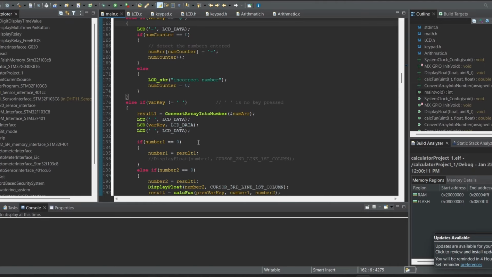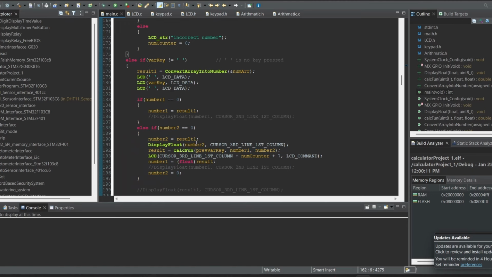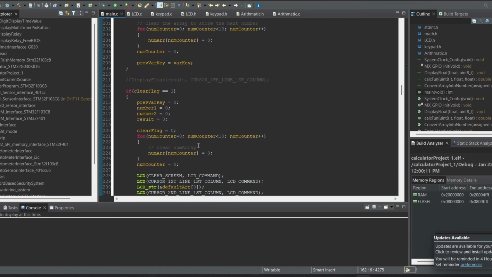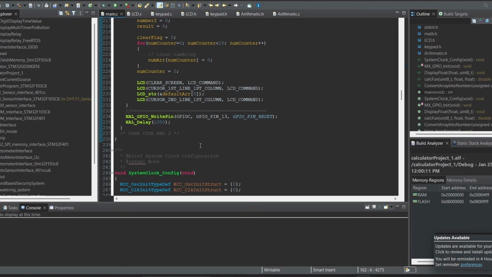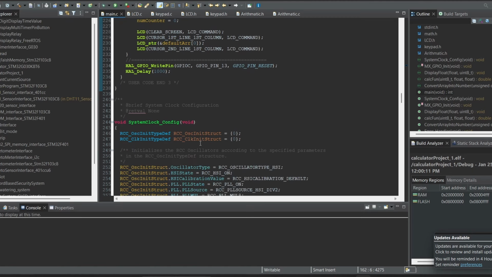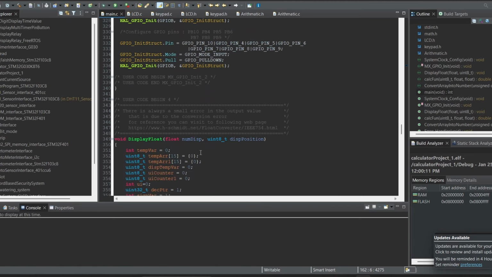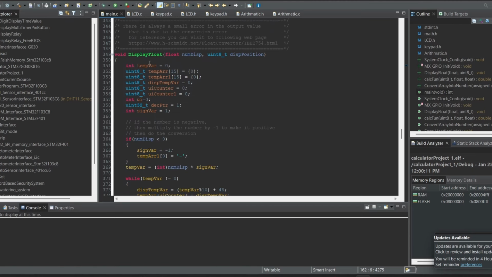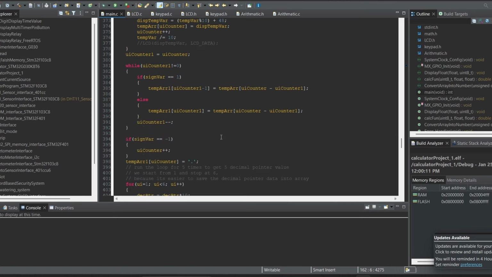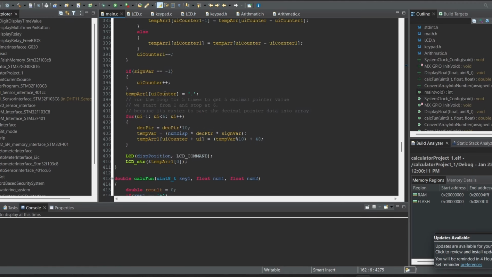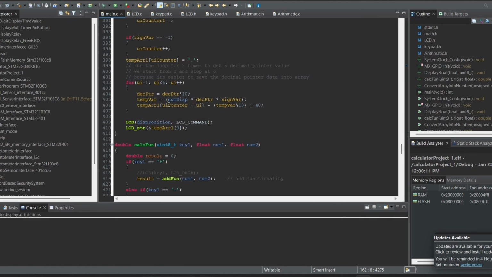Now coming over here, the rest of the code is similar to that of the previous calculator project. So I'll tell you what modifications we have done. We are not modifying this display float function, neither this one, we are not modifying this display function.